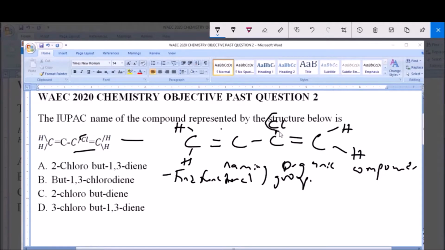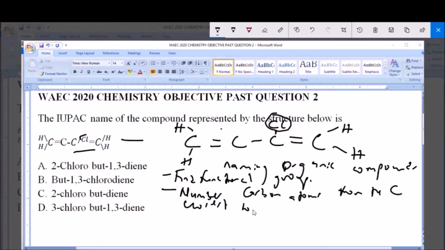After finding where our functional group is, you number the carbon atoms from the carbon atom closest to the functional group. So this is 1, this is 2, this is 3, and this is 4.